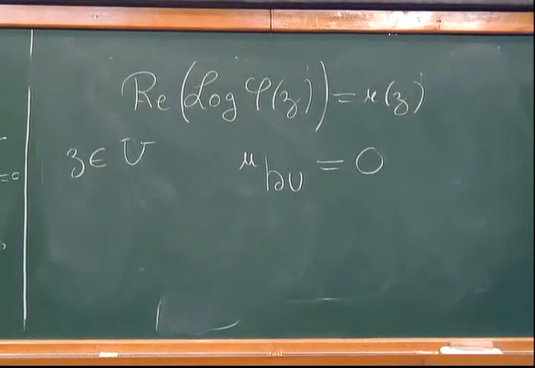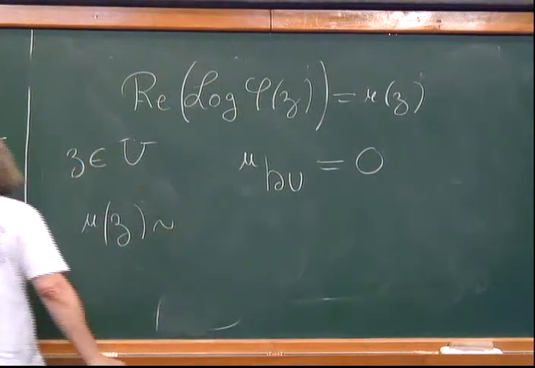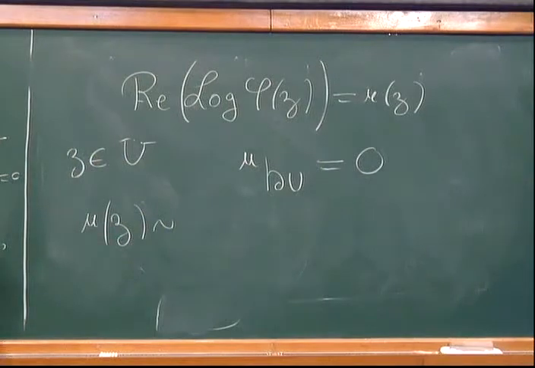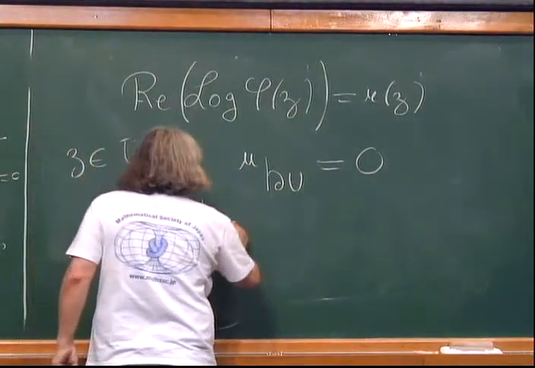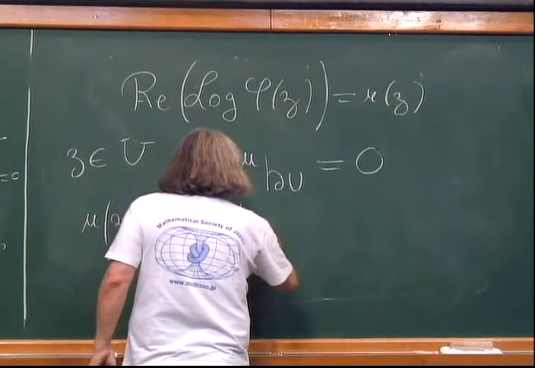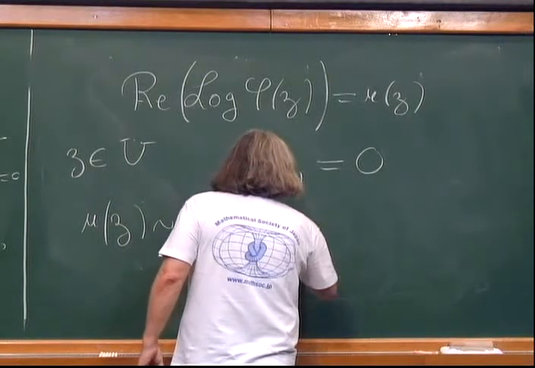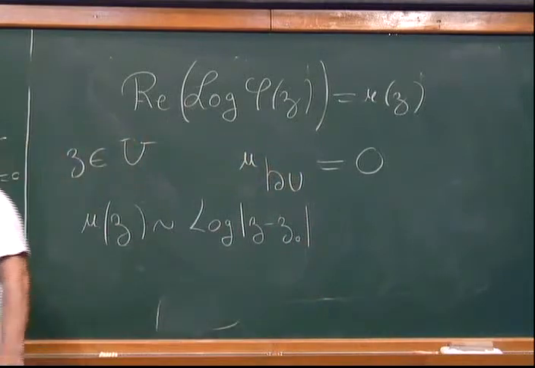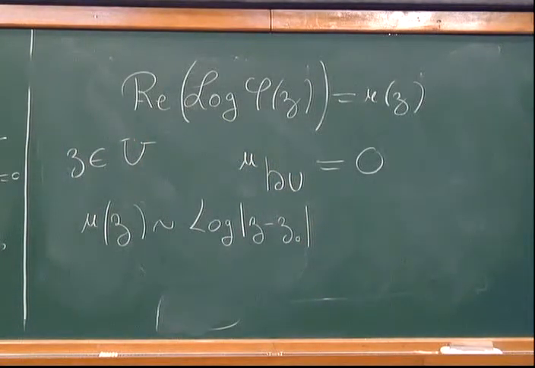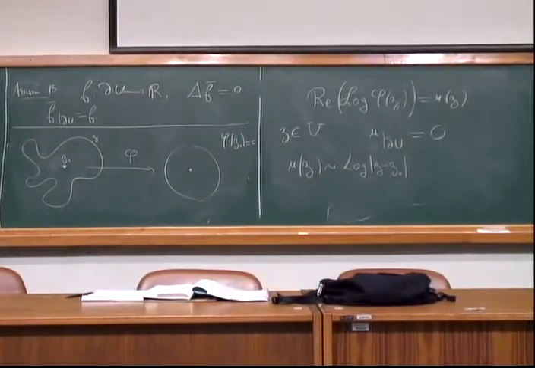In the neighborhood of z0, u of z is equivalent to log of, how is it? Okay, because again, I'm assuming that the function phi exists, and I try to construct it. So close to the point z0, u has the form log of |z minus z0|. Okay?